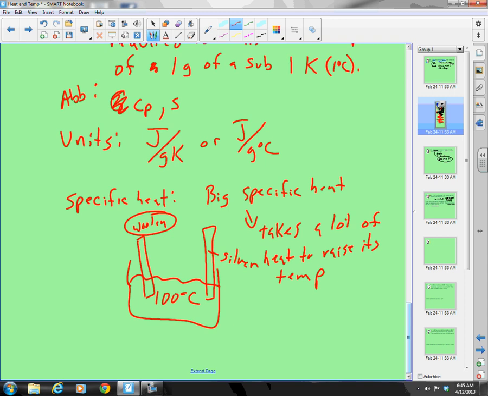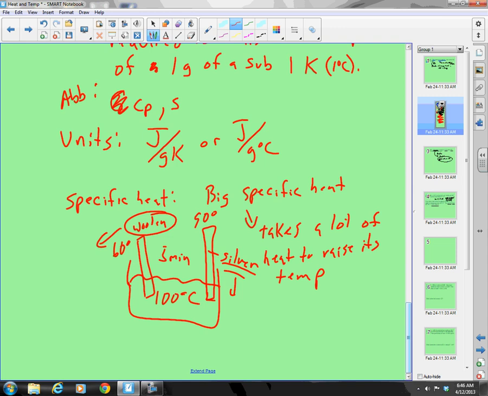What does that mean? Does it take a lot of heat to make that change or a little heat? Let's say these are both in here for 5 minutes, and this guy comes up to 90 degrees and this guy comes up to 60 degrees. Which one required less heat to raise its temperature? The silver required less heat.